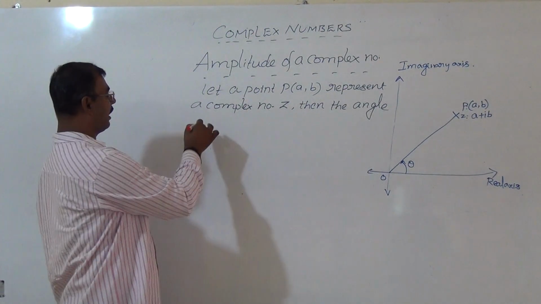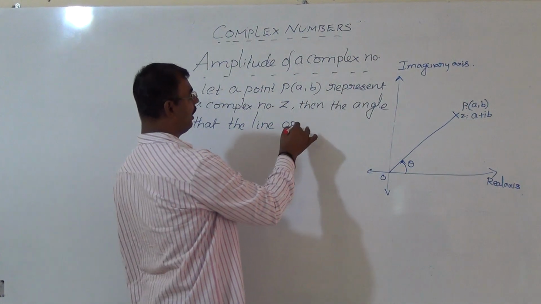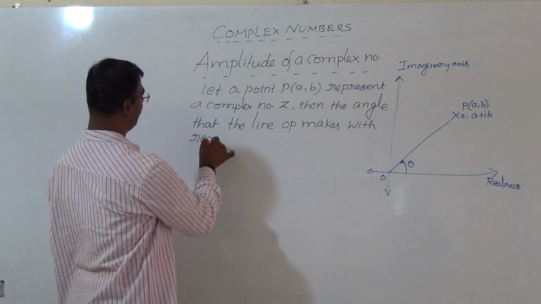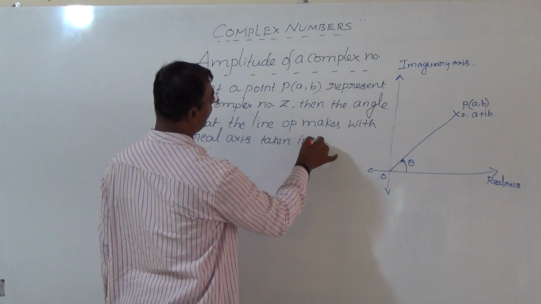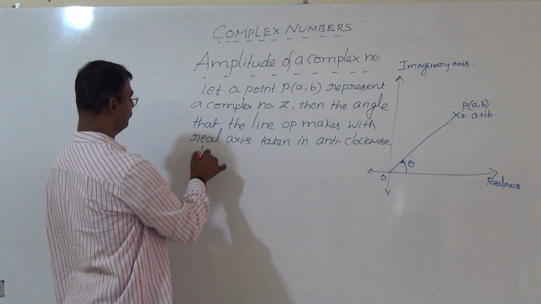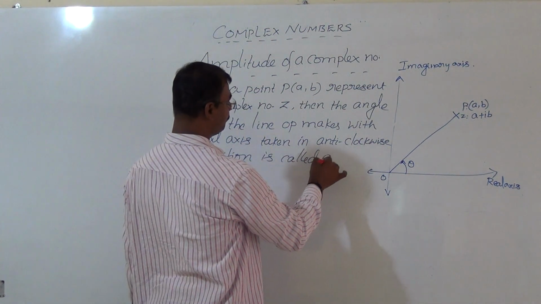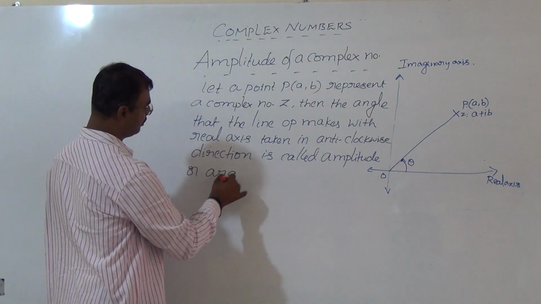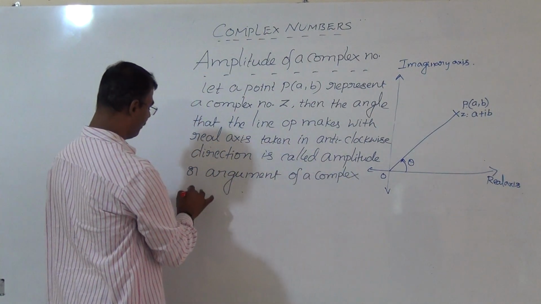Then the angle that the line OP makes with the real axis, taken in anti-clockwise direction, is called the amplitude or argument of the complex number z.